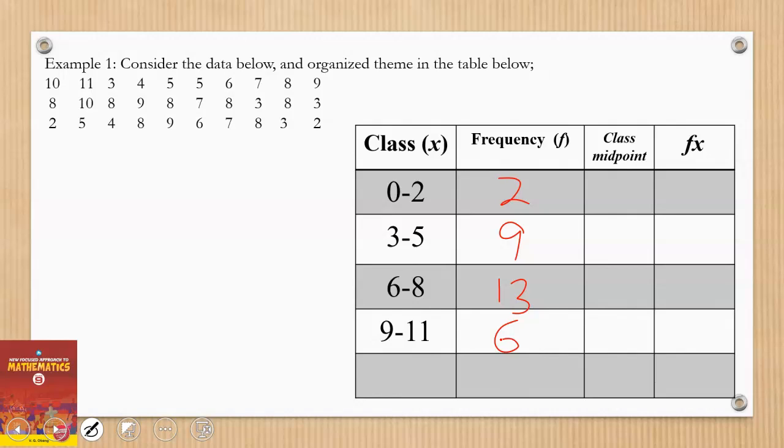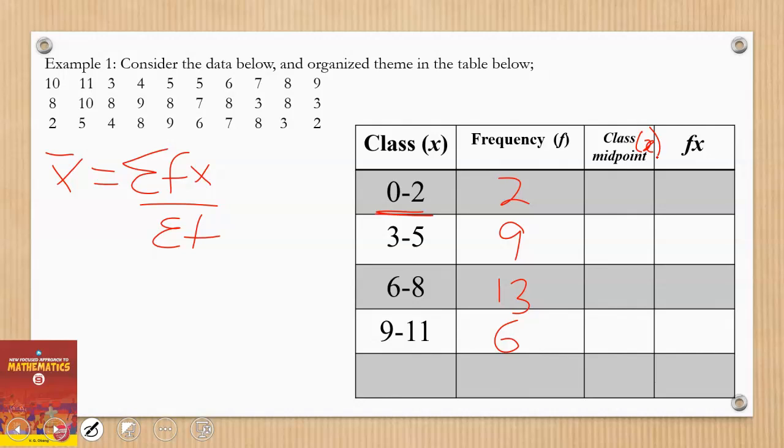Now to find the class midpoint, because this is grouped frequency, it still goes by the formula mean equals summation of fx over summation of f. But here the x has not been given as a single value. The x came as a class interval. And so for us to get the actual x, we find the class midpoint.